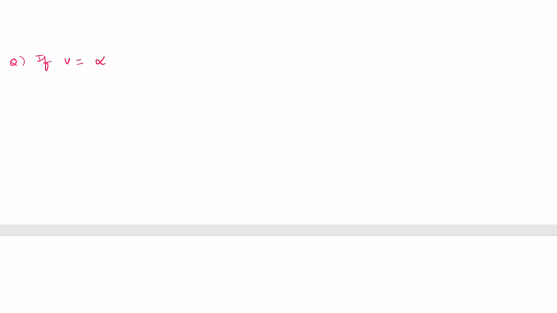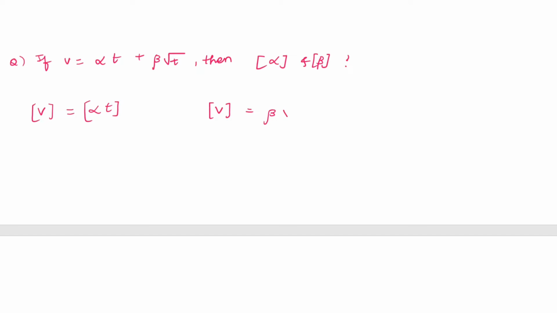I give you the question as: if v is equal to alpha t plus beta root t, then find the dimensions of alpha and beta. That is your question. We know from the principle of homogeneity that the dimensions of the quantity on the right hand side and the dimensions of the quantity on the left hand side should be equal, and only quantities with the same dimensions can be added or subtracted.